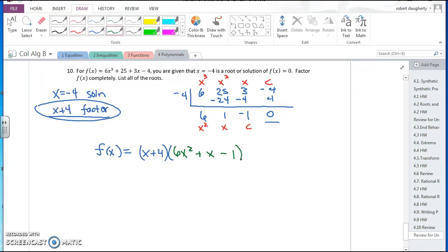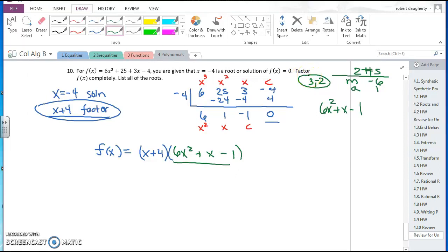Now, I need to be able to factor this. So let's come off to the side. 6x squared plus x minus 1. That will factor if I can find two numbers that multiply to give me a -6 and add to give me a 1. Okay? So the numbers that multiply to give you -6 and add to give you a 1, that will be a 3 and a -2. Okay?